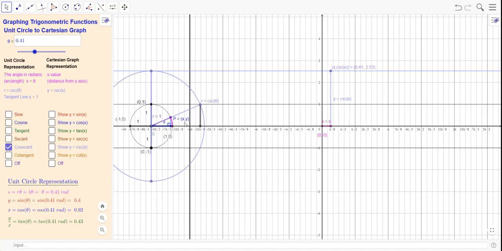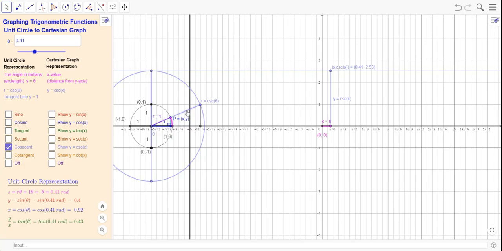Like the secant, we want to get the radius on the triangle. This time we go up a distance 1, take this line straight across, find where it crosses the terminal ray, and use that point's x, y, and r coordinates to find the cosecant of that angle. Y is 1, so r over 1 is the cosecant, which is just this distance.